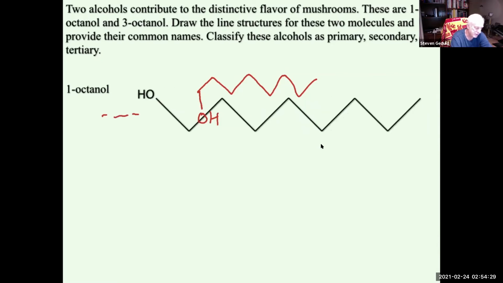Okay. It's not as fancy as that one. But 8 carbons. I'm sorry, other way. 1, 2, 3, 4, 5, 6, 7, 8. Remember, you always give the functional group the lowest possible number.